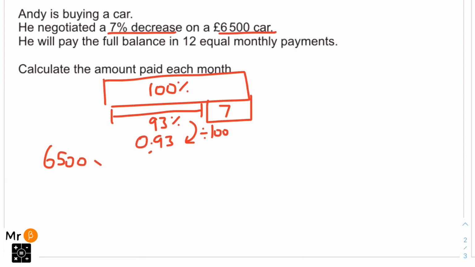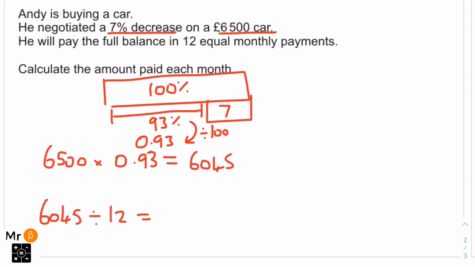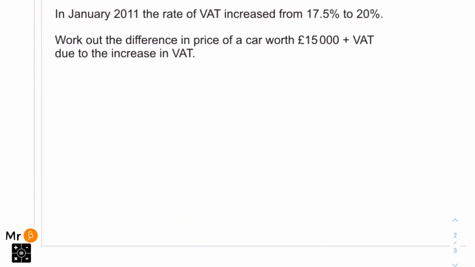So 6,500 times by our decrease multiplier gives us our answer of £6,045. He then pays this over 12 equal months. So we need to divide that amount by 12, and we get our answer of £503.75 each month.